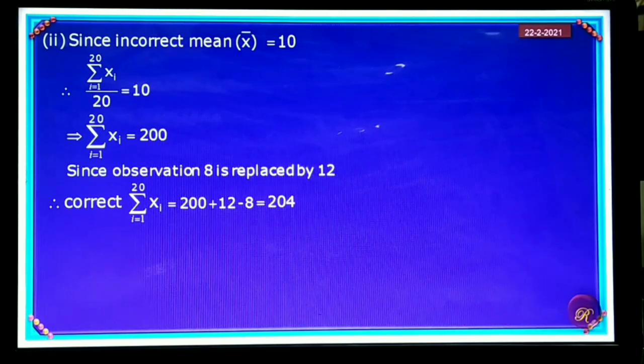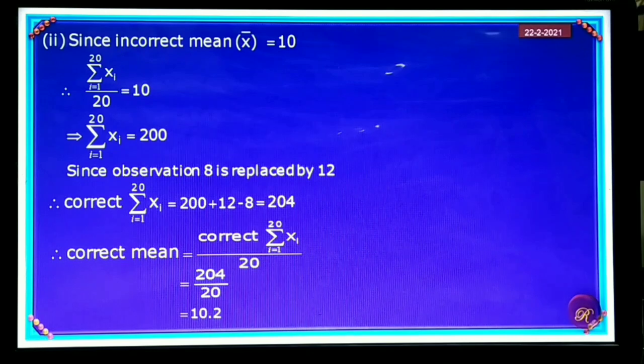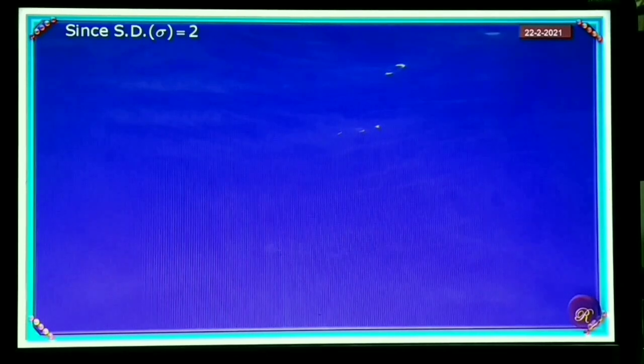Therefore, correct mean is equal to 204 divided by 20, is equal to 10.2. Since standard deviation is equal to 2, therefore square of sigma is equal to 4.